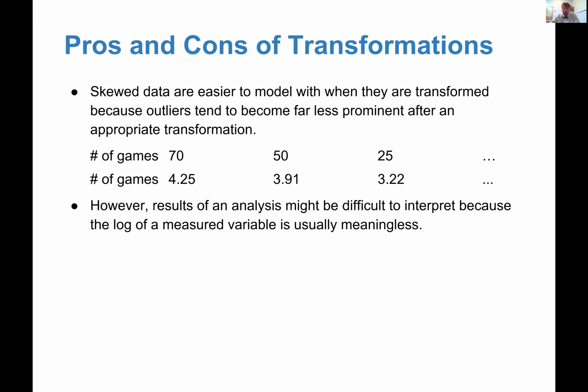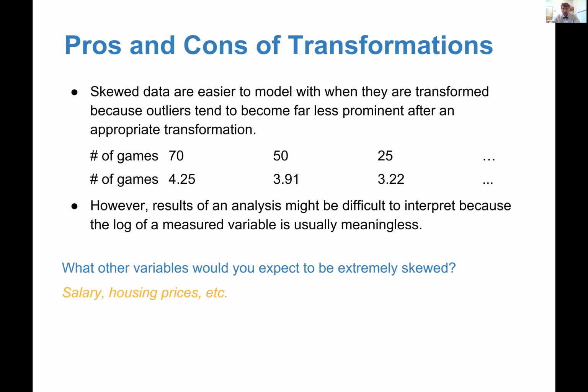So it's hard to interpret these results, even if the trend is easier to see. Okay. So what other variables would you expect to be extremely skewed? Things involving money are always a good bet. So salary, housing prices, there's always fewer things that cost more and a lot of things that cost less. So that makes them right skewed.